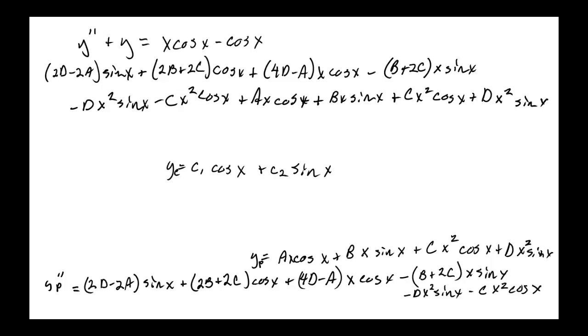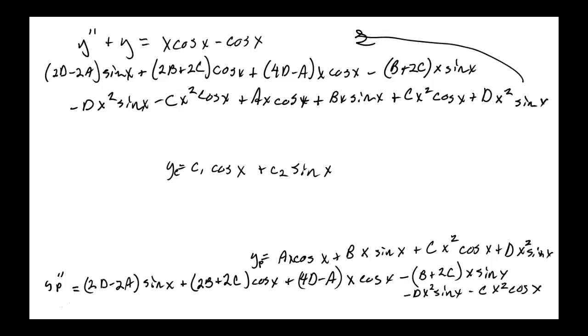Now that's supposed to equal this thing up here: x cosine x minus cosine x. For that to be the case, I'm just going to start writing some things down, in just about any order. There is no sine x.